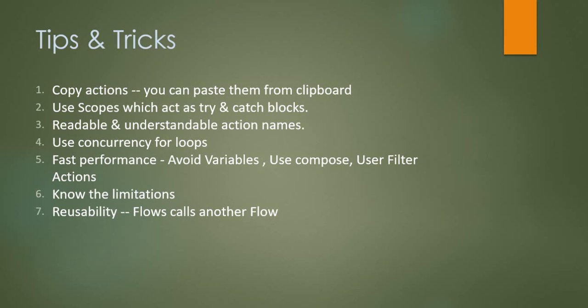And always use filter actions. If you are working on a specific type of items or files only, then just create an OData query so that it results in whatever you would like to work with. Know the limitations. As I said, you should know the limitations of the product very well before constructing any flow, so that whatever is expected, you are able to deliver.